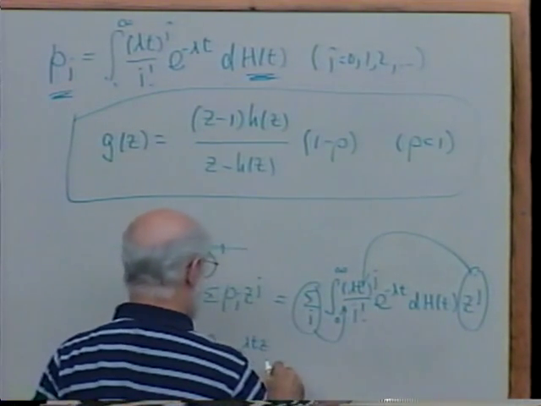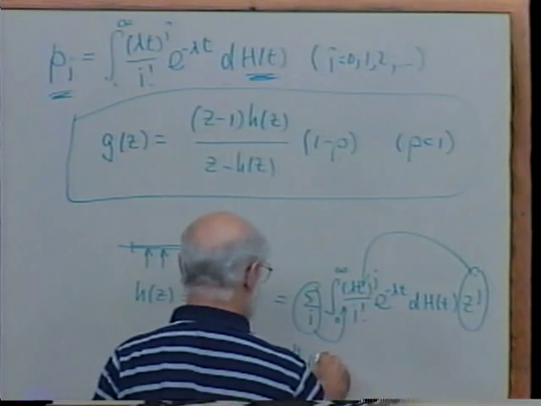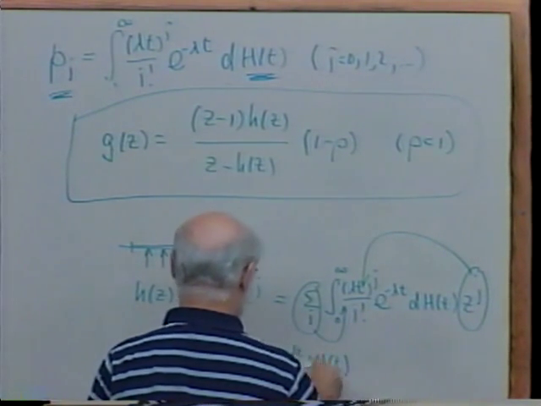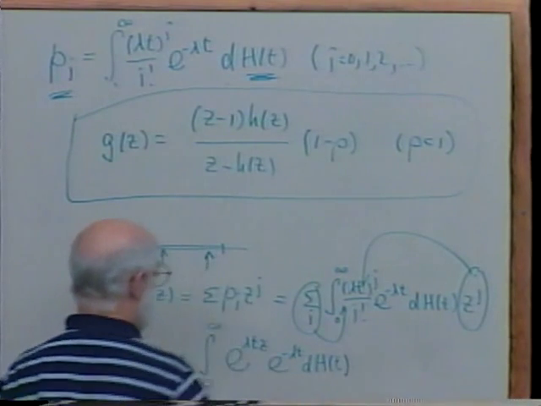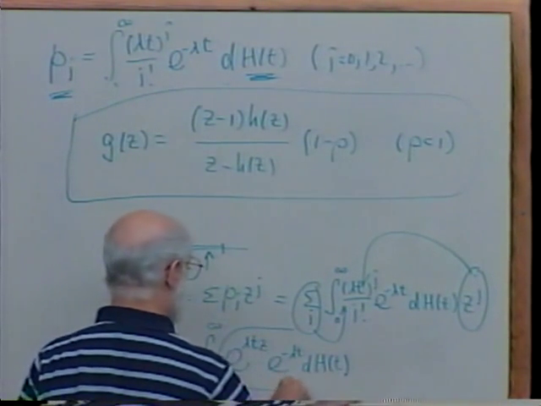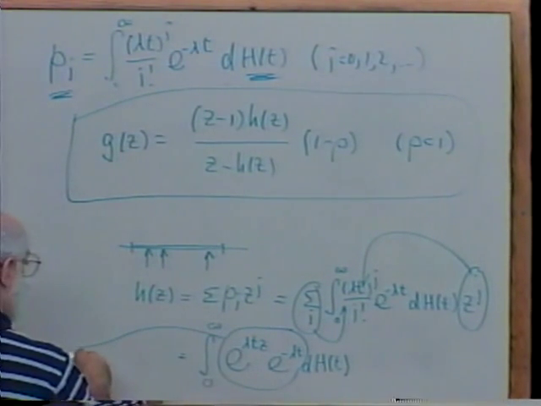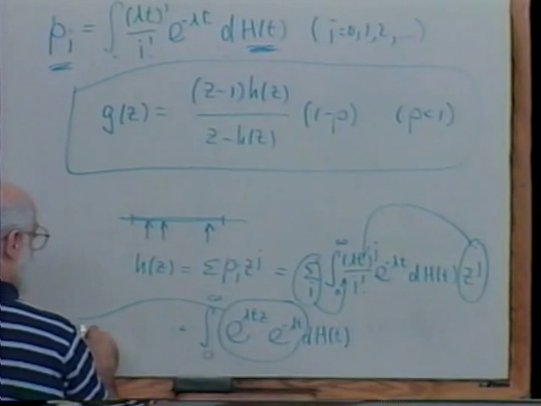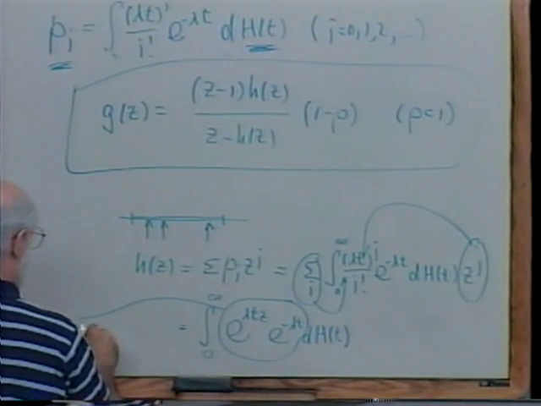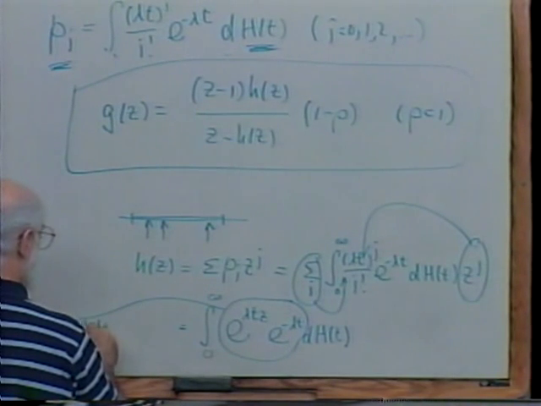I still have my e to the minus lambda t, I still have my dh of t, and I still have my integral from 0 to infinity. Then I take this piece on the inside, and that's the same thing as e to the minus (lambda minus lambda z) t.